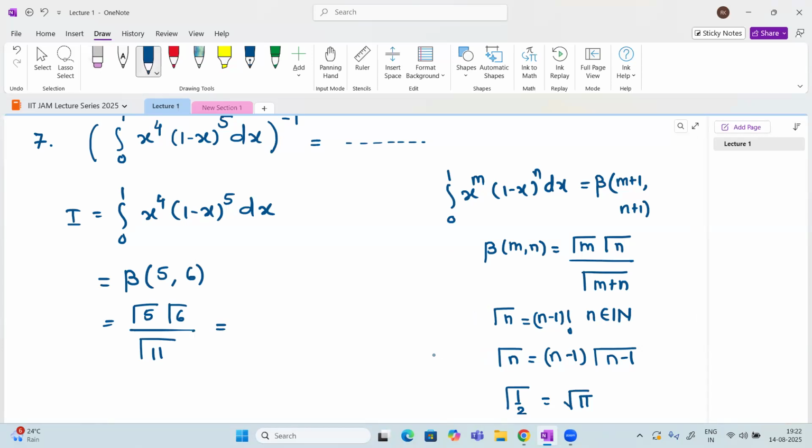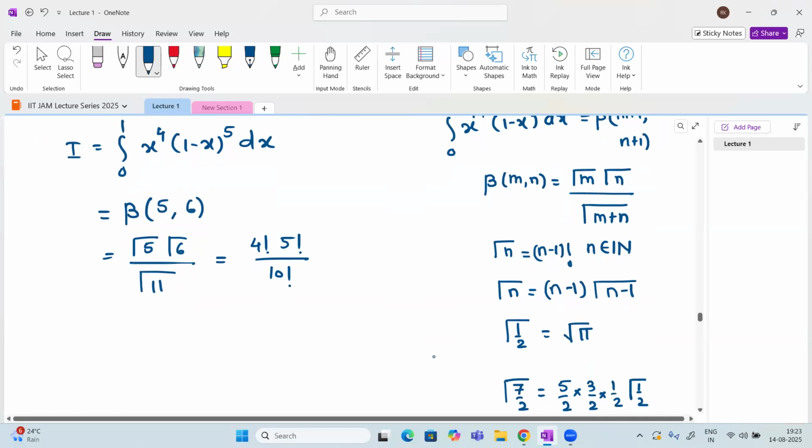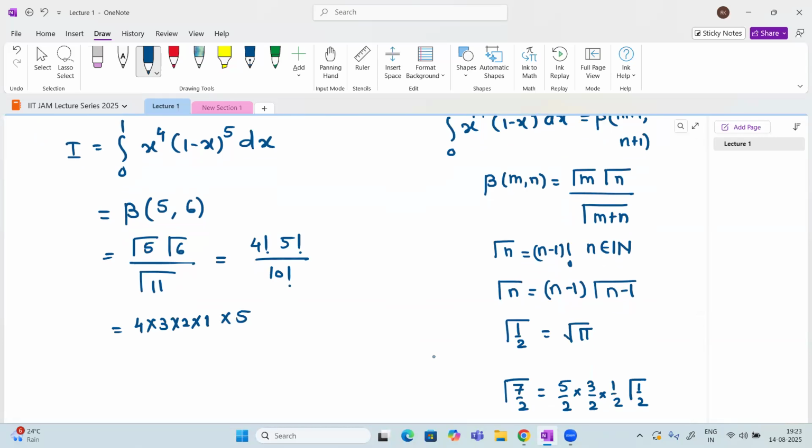So it is 4 factorial into 5 factorial by 10 factorial. 4 factorial means 4, 3, 2, 1. 5 factorial, keep as it is. 10 factorial can be written as 10, 9, 8, 7, 6, and again 5 factorial.